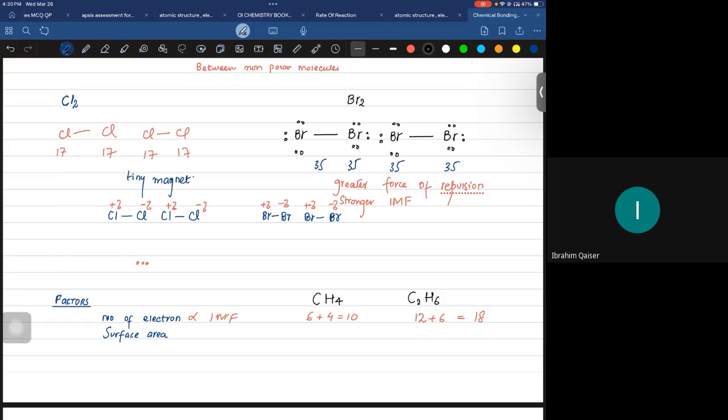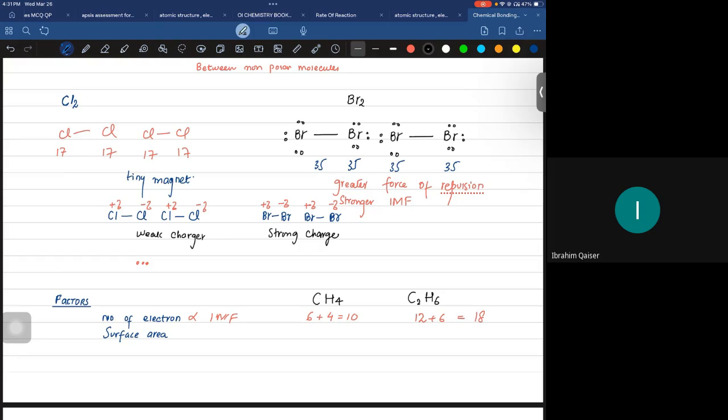So they are having strong charges. Why? These charges are formed due to the stronger repulsion, and those charges are weak charges because they are formed by the lower repulsion. So due to the weaker repulsion, the weaker charges are produced.